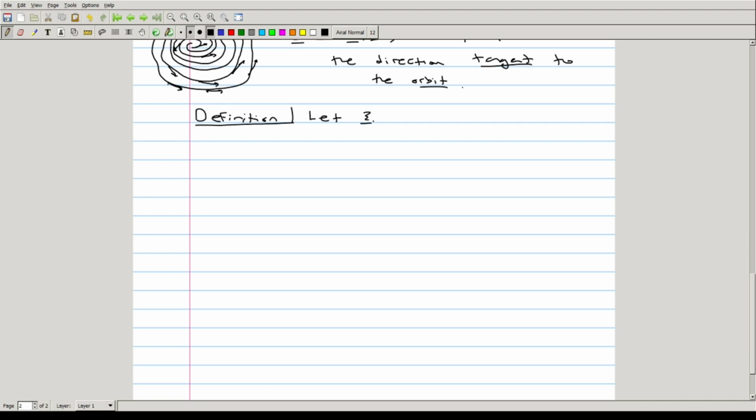Let xi star be an equilibrium point of the differential equation system star, and suppose that we can find a continuously differentiable function with the following properties. And this type of function we call a Lyapunov function.